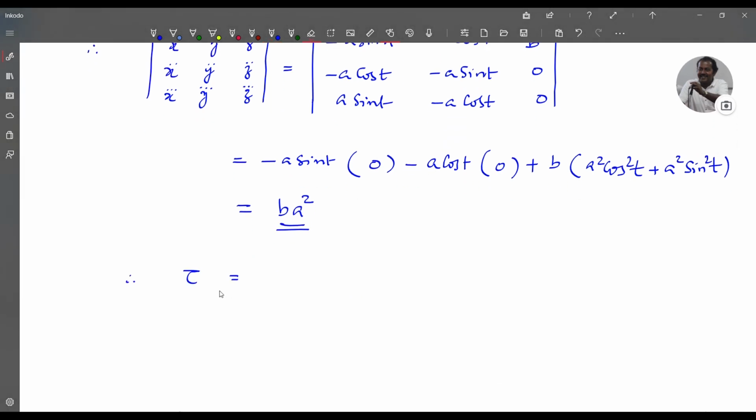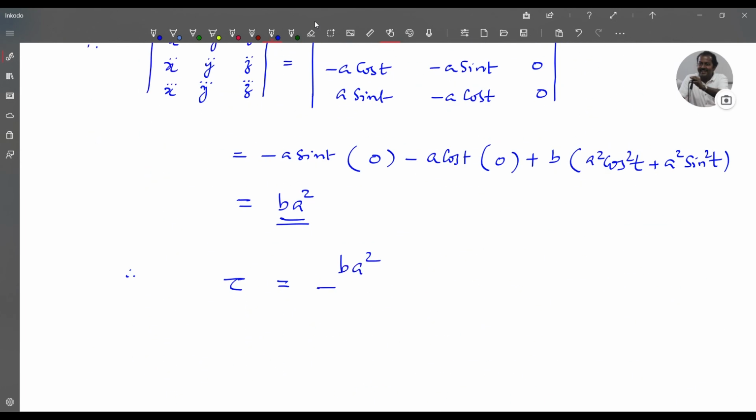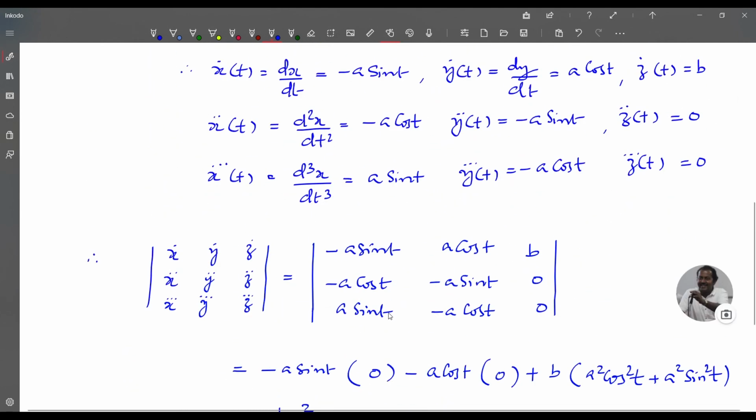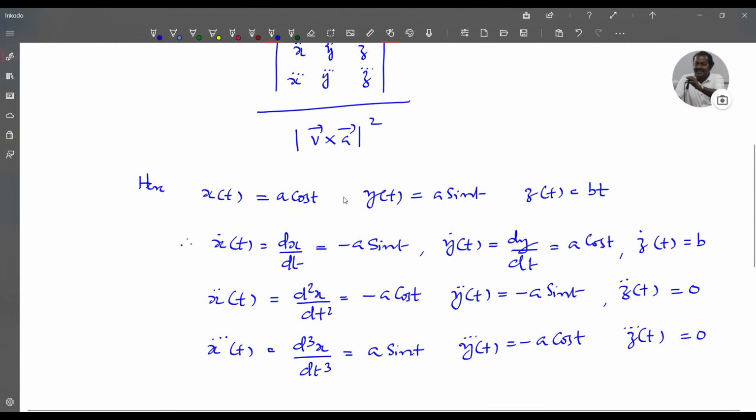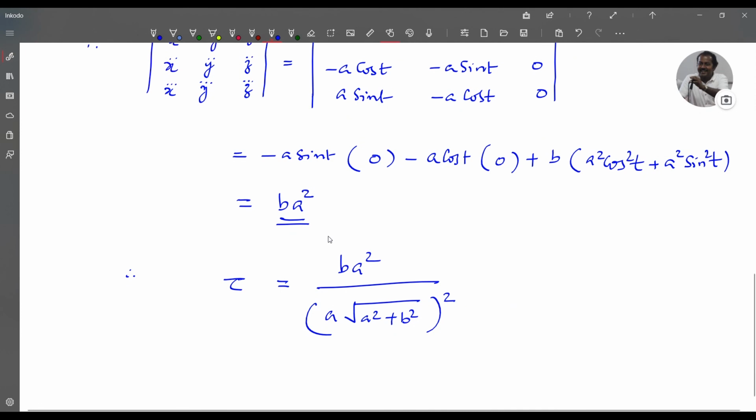Therefore, torsion tau equal to b a square divided by a into root of a square plus b square the whole square, because modulus of V cross A is a into root of a square plus b square. So this is equal to b a square divided by a square into a square plus b square.